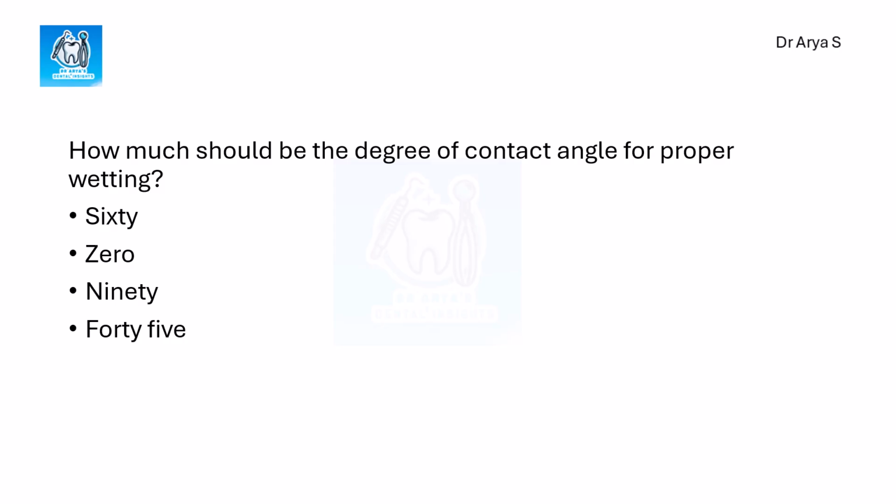How much should be the degree of contact angle for proper wetting? Is it 60, 0, 90 or 45? So for proper wetting, the angle is 0. If the contact angle is less than 90, then there is rise of liquid.